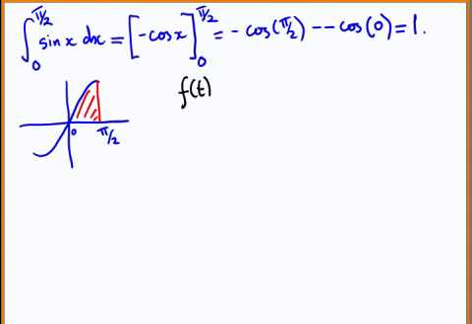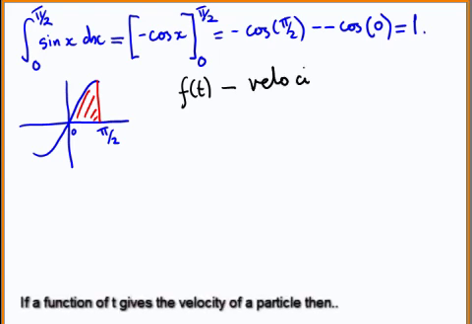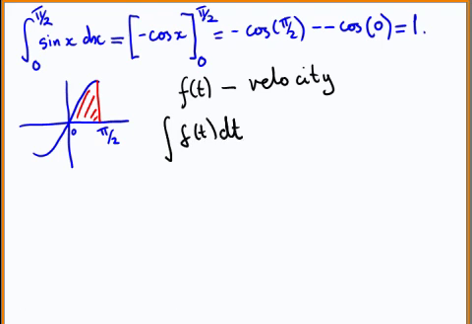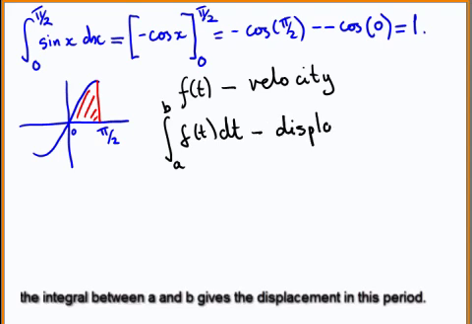Well, let's now think of integration in another way, and remember that if we've got a function of t which is corresponding to the velocity of a particle, then the integral of that function with respect to t and between the limits of a and b, say, will correspond to the displacement of the particle.